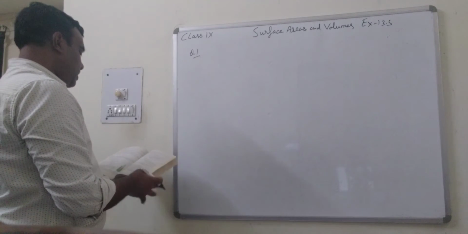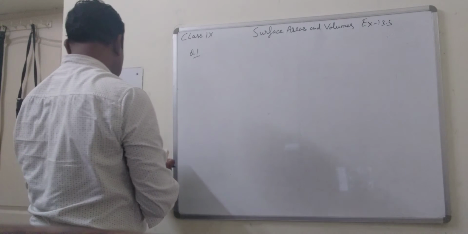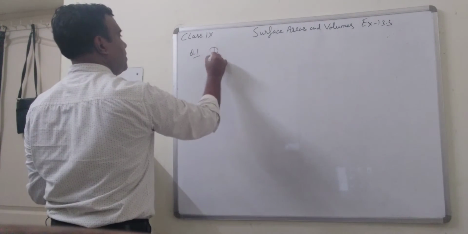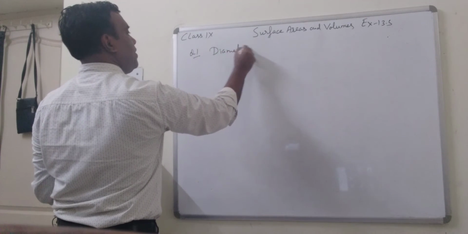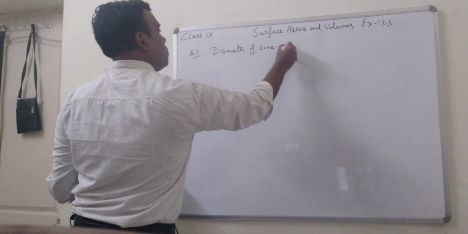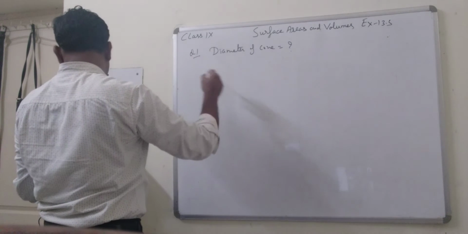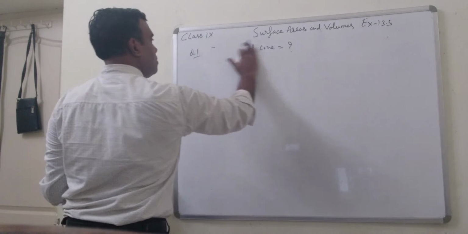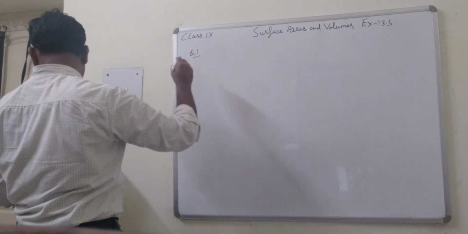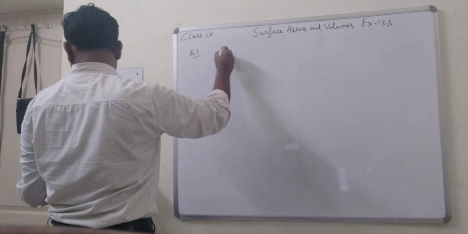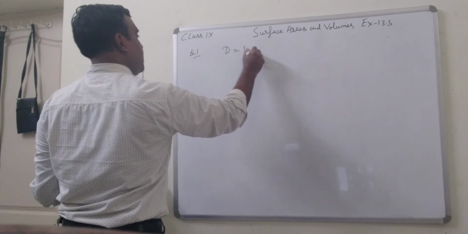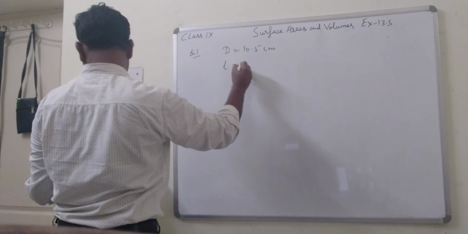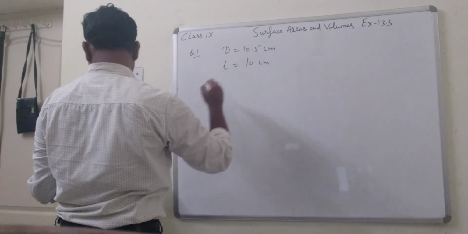Find the curved surface area of a cone whose diameter of the base is 10.5 centimeter and slant height is 10 centimeter.